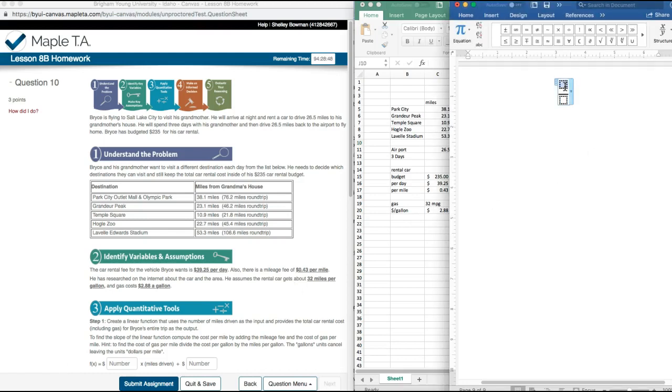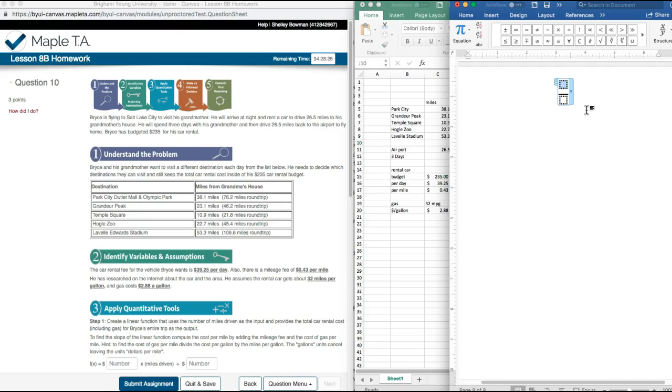Okay, so the hint it was giving us is to find the cost of gas per mile by taking the cost per gallon divided by the miles per gallon, and the gallons will cancel using our unit conversion.